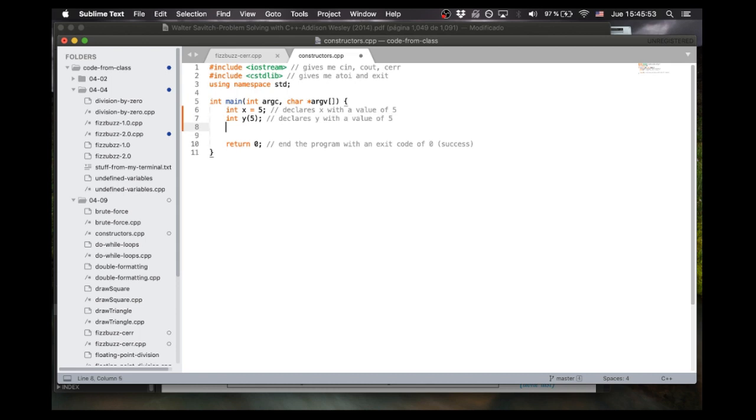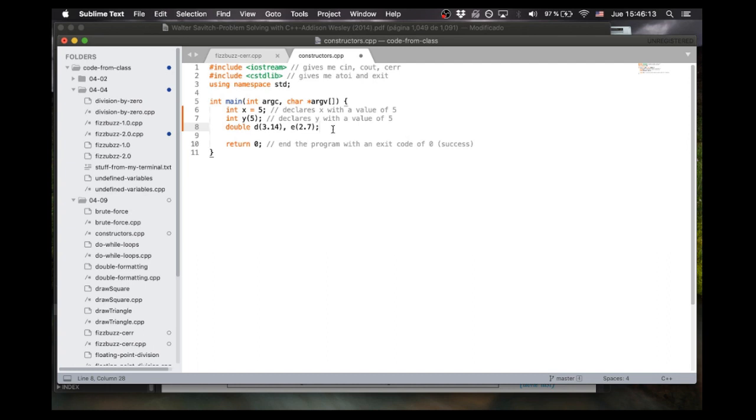And you can do this with other types as well. Double, d, 3.14, e. What is e? 2.7 something. And then, yeah, you can declare multiple things on the same line.